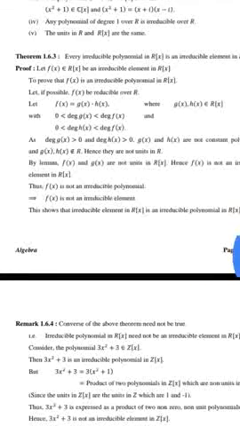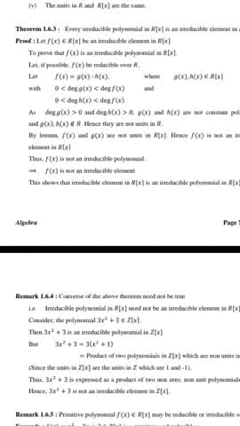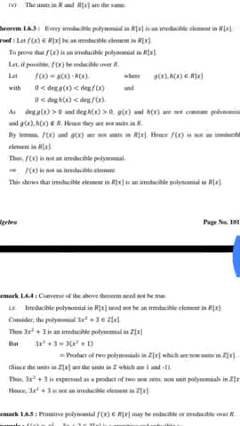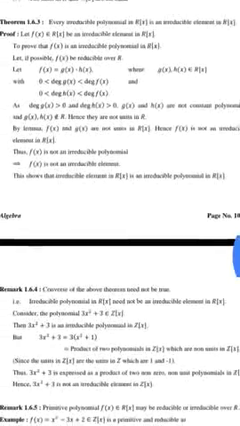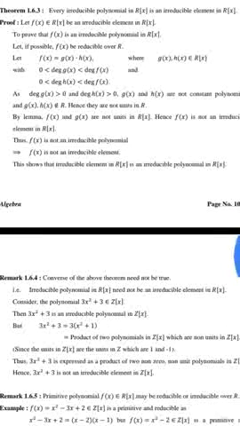We have to prove that f(x) is an irreducible polynomial in R[x]. If possible, let f(x) be reducible over R. Therefore, f(x) = g(x) h(x), where g(x), h(x) belong to R[x], with 0 < degree of g(x) < degree of f(x) and 0 < degree of h(x) < degree of f(x). As the degree of g(x) is greater than 0 and the degree of h(x) is greater than 0, g(x) and h(x) are not constant polynomials and do not belong to R, hence they are not units in R.